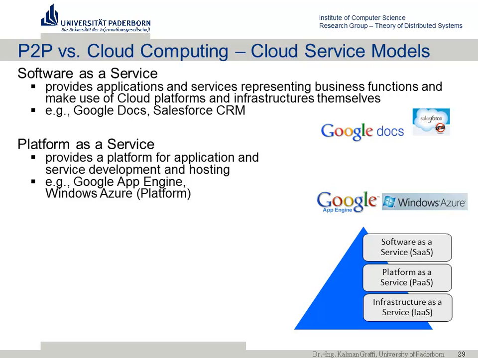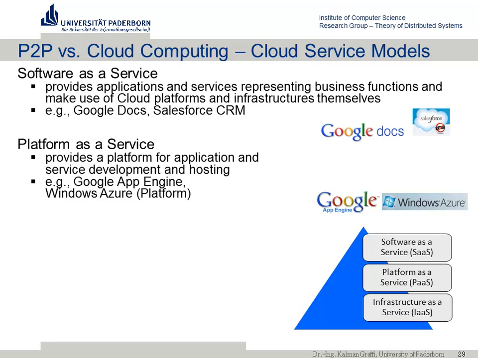So the platform as a service assumes that you have built and written your own application, but you would like to use the measurements or the billing, the accounting from Google. So then you can host your application at Google App Engine, and they take care that it's replicated enough or that it's supporting this elasticity.